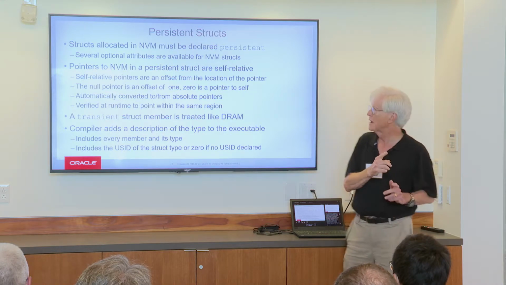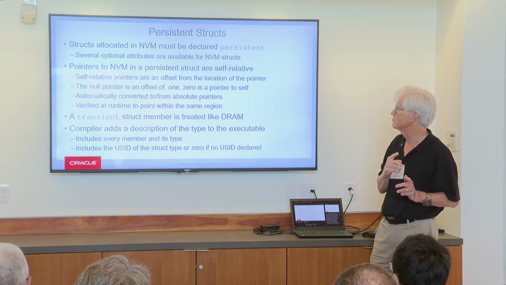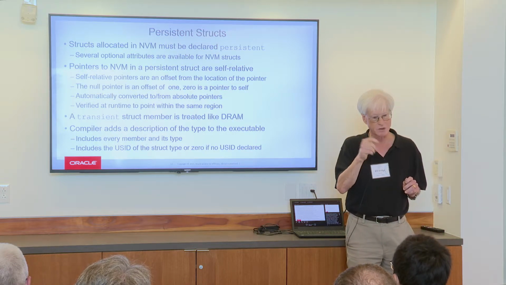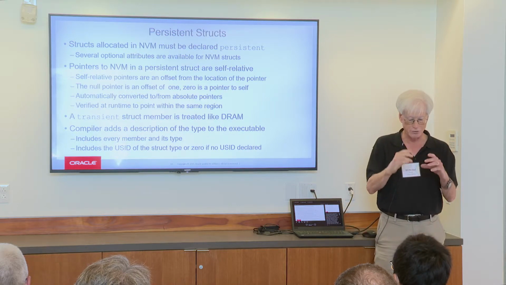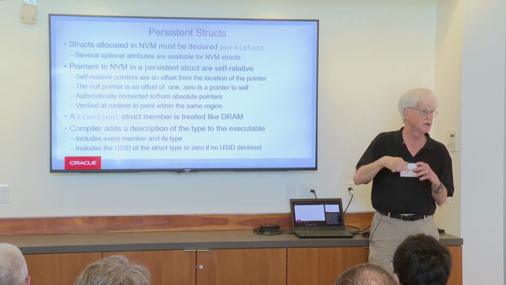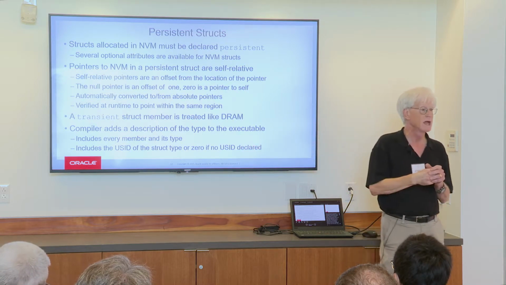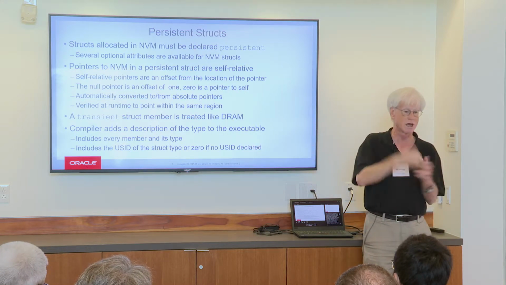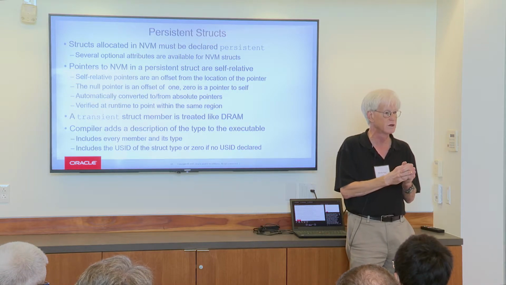The big thing about pointers, the way I implemented pointers to NVM, was as self-relative pointers. That means you take the address of the pointer itself and you add its contents to its address, and that's where it points. This means a null pointer would point right to itself, and there are cases where pointing your pointer to itself is useful, like empty lists.